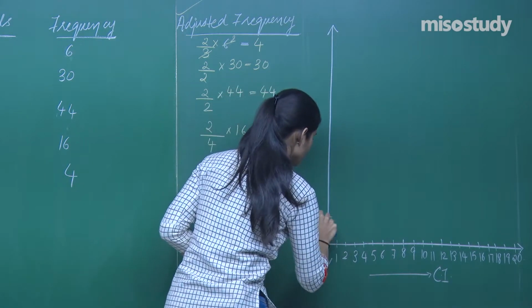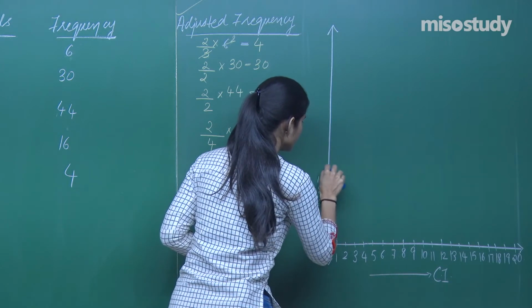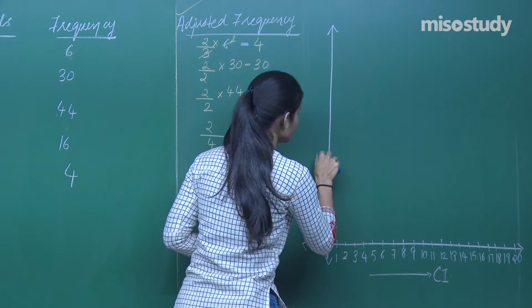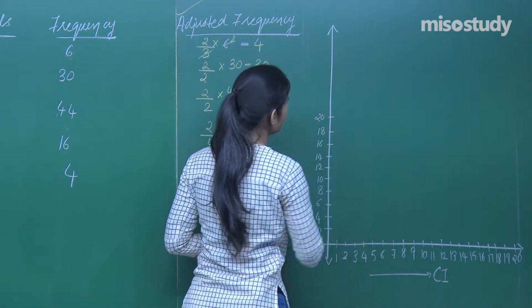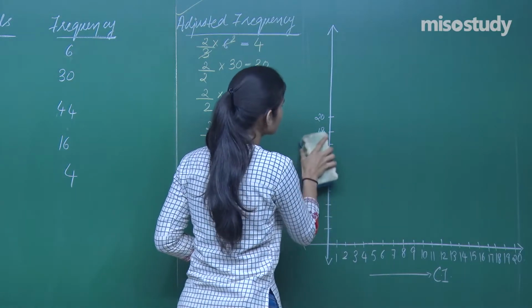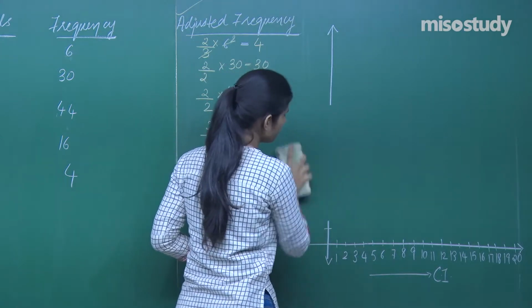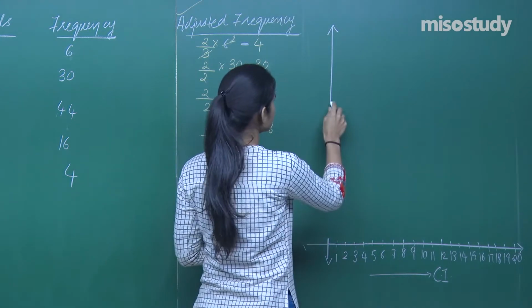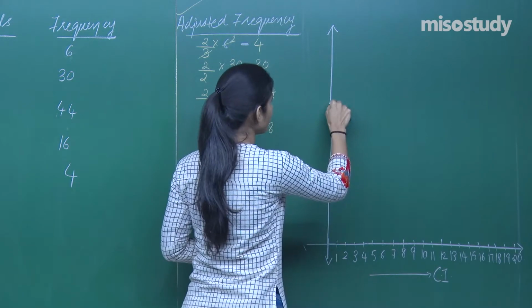Let us take one big division as 2 units, so 2, 4, 6, 8 and so on. Actually, let me not take it as 2 units because we won't be able to incorporate 44 over here. So let me take it as 4 units.